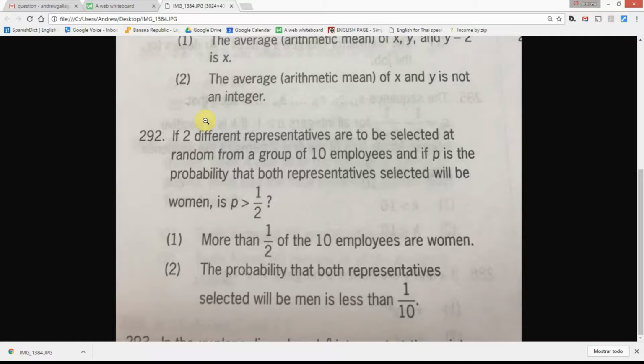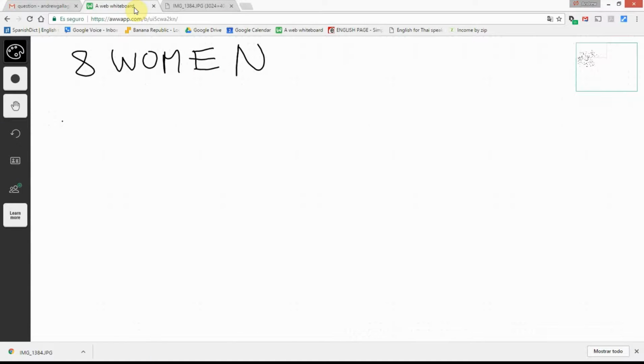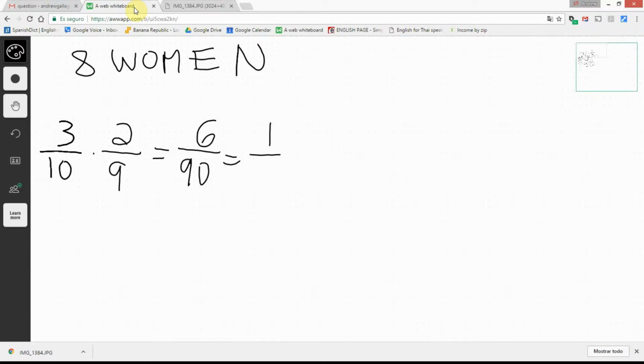So with 3 men, you'd have 3 out of 10 times 2 out of 9, right? 3 out of 10 times 2 over 9. This is selecting 2 men. You would get 6 out of 90, which is 1 out of 15.